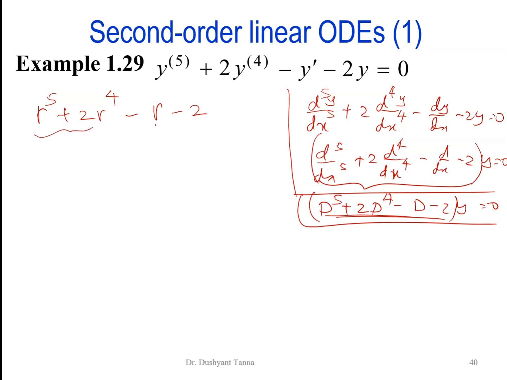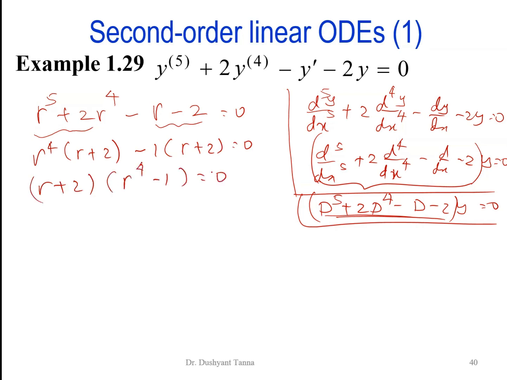Cool. We make pairs. R4 common, R plus 2 minus 1, R plus 2 is 0. So R plus 2 and R4 minus 1. Keep going. Don't rush to simplify it. A square minus B square approach. R square minus 1, R square plus 1 is 0.